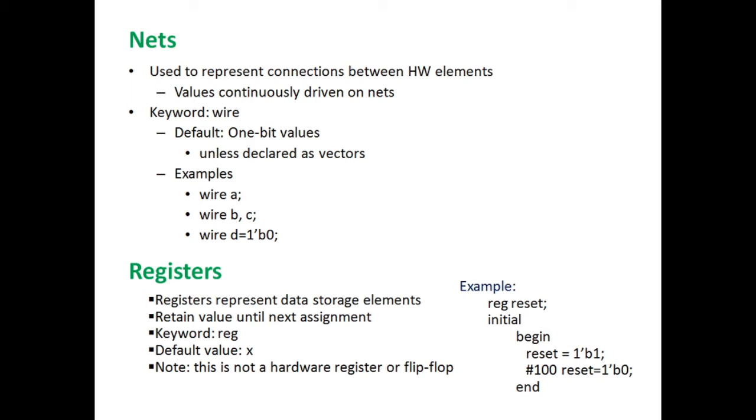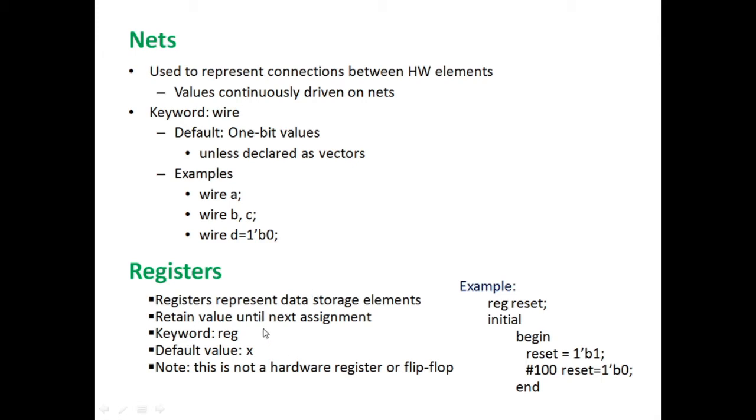Now, the value of registers can be changed manually at any time in a simulation, because when we performed the ripple carry counter example, we took reg reset comma clock. So I am continuously changing the register variables, reset and clock.